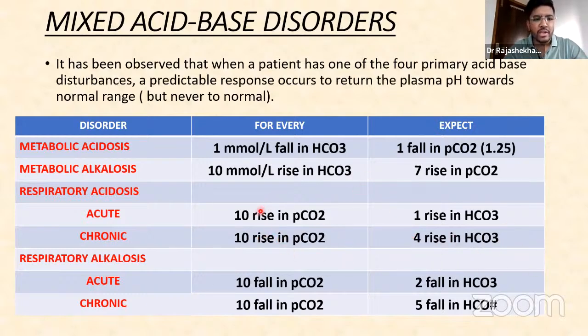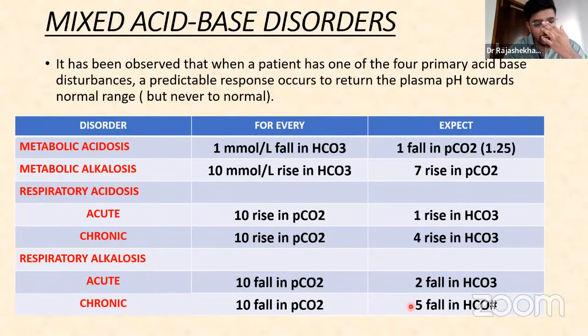So the ratio is simple: in acute respiratory acidosis, it is 10:1, and in chronic, 10:4. In respiratory alkalosis, in the acute setting, every 10 mmHg fall in PCO2 decreases the bicarbonate by 2, whereas in chronic respiratory alkalosis, every 10 fall in PCO2 decreases the bicarbonate by 5 millimoles per liter.